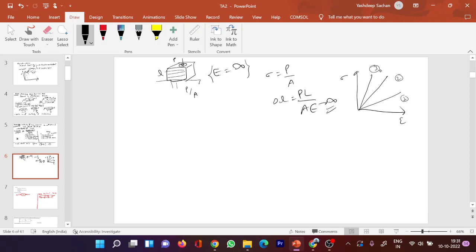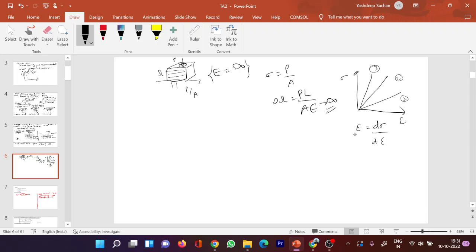Third, right? Yes sir. So what does it signify? In other words, E is nothing but d sigma by d epsilon, right? Yes sir. So if E is high, this slope would be more. Yes sir.